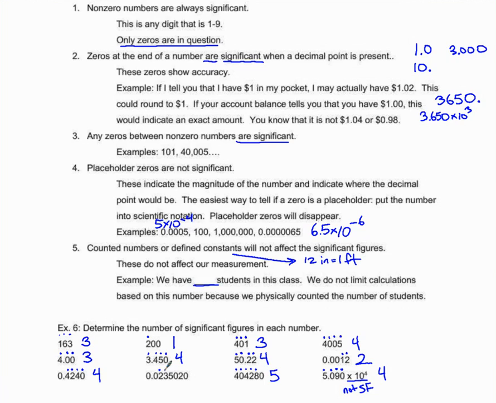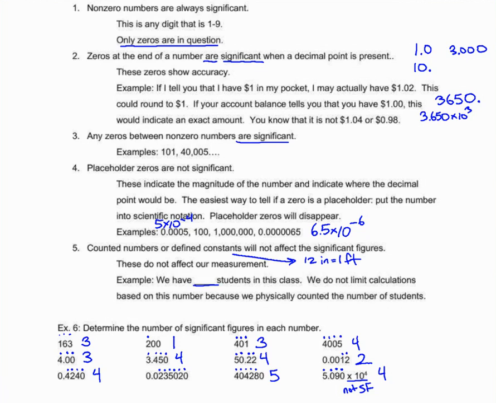Starting off, rule number 1, we have non-zeros. Rule number 2, there is a decimal and there's a 0 at the end. That one's significant. Rule number 3, zeros between non-zero numbers. That's this one. That's significant.